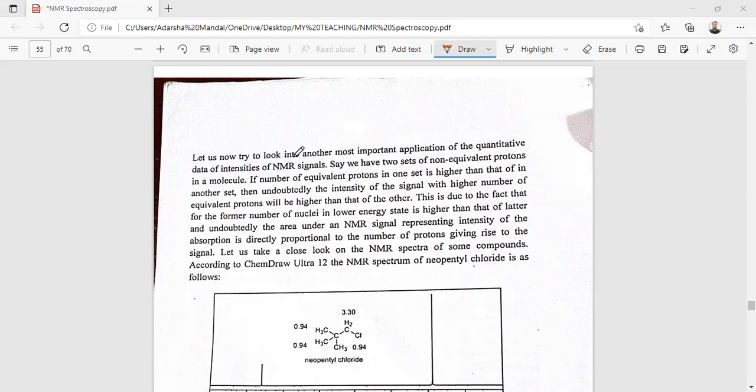Let's look into another most important metric in comparing the intensity of NMR signals. Say we have two sets of non-equivalent protons in a molecule. If the number of equivalent protons in one set is higher than that in another set, undoubtedly the intensity of the signal with the higher number of equivalent protons will be higher than the other.